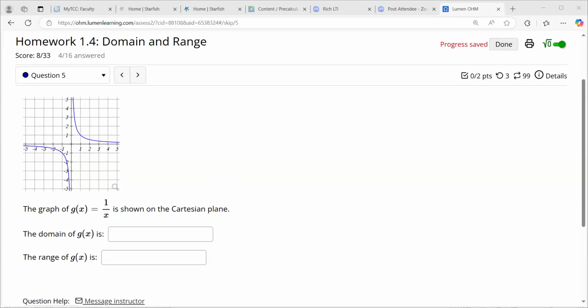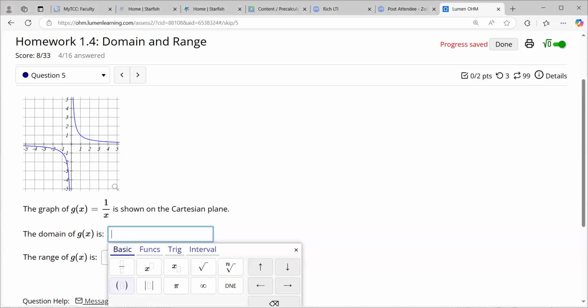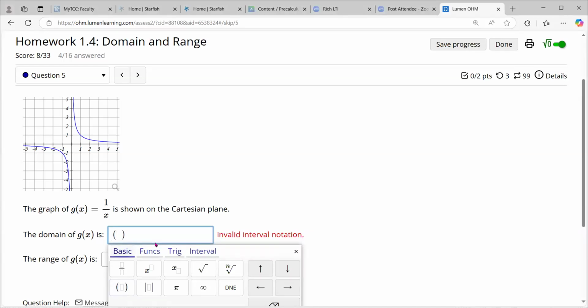And let's go back, Lumen. Is the curve the same as what I drew? The graph is shown on the Cartesian plane. The domain is negative infinity, comma 0, union.